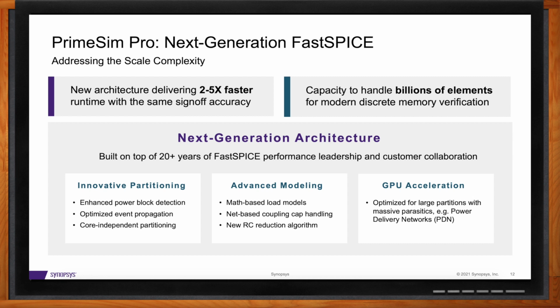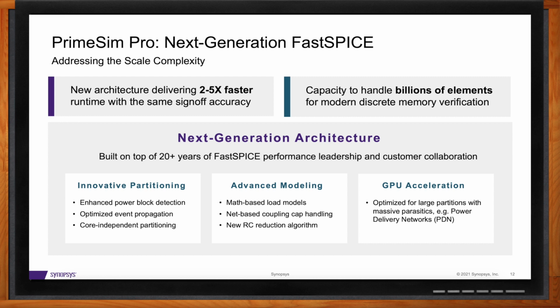First, innovative partitioning. As you know, FastSPICE is all about dividing the circuit into smaller blocks, simulating them separately, and synchronizing between them. And we have introduced a new architecture that can give even smaller partitions and better optimization of the propagation of events between those partitions.